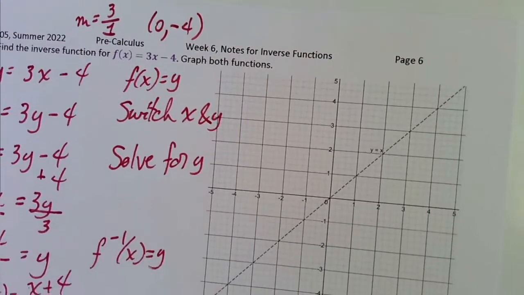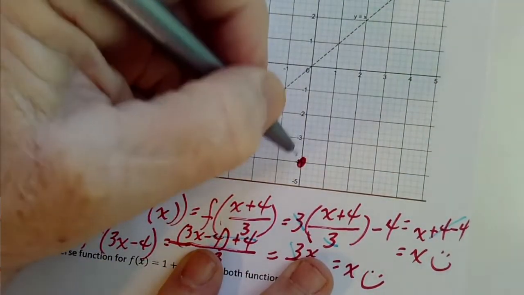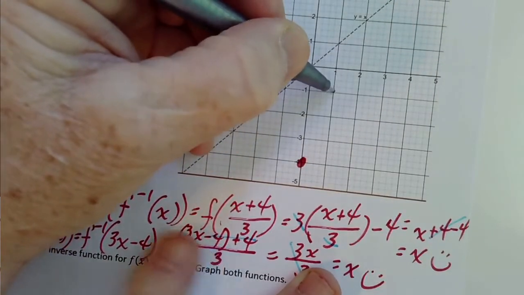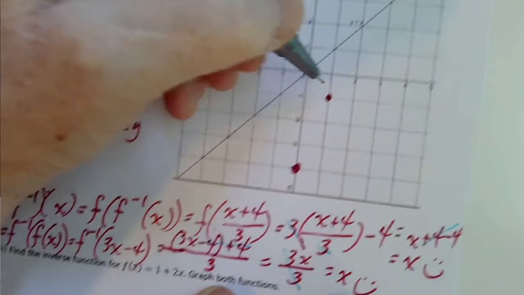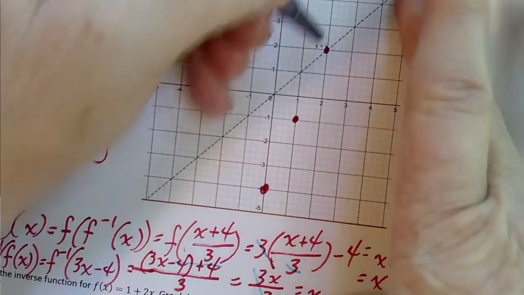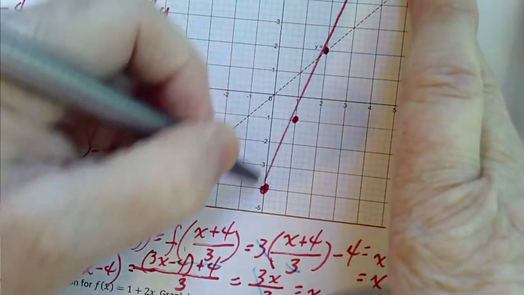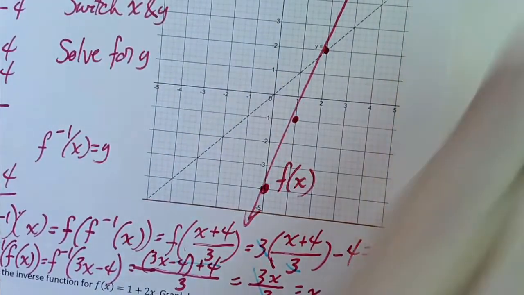So let's start with 0, negative 4, go up 3, over 1. And I'm going to do it one more time so I get a better graph. Up 3, over 1. There's my graph of f of x.